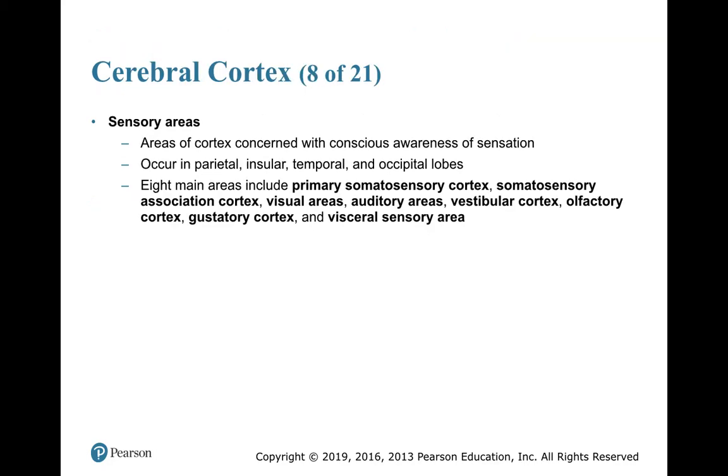The cerebral cortex sensory areas are areas of the cortex concerned with conscious awareness of sensation. We find them in the parietal, insular, temporal, and occipital lobes. There are 8 main areas, including the primary somatosensory cortex, somatosensory association, visual, auditory, vestibular, olfactory, gustatory, and visceral sensory areas.